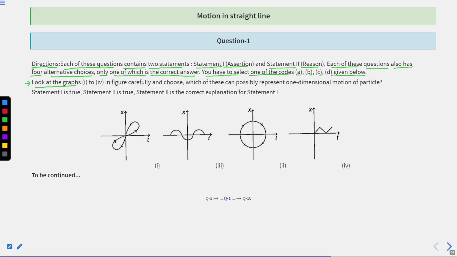Look at the graphs first to fourth in the figure carefully and choose which of these can possibly represent one dimensional motion of a particle. Clear? Read the question carefully.